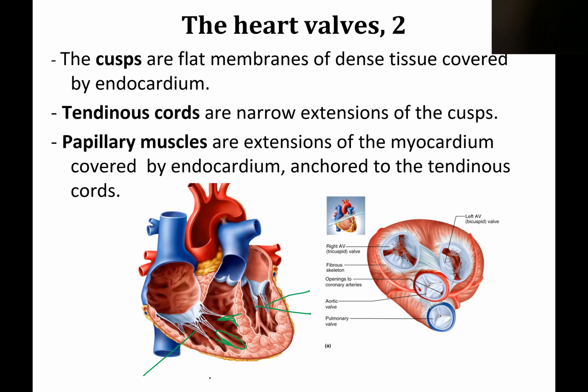They keep the valve from involuting. So it's supposed to close in that kind of a shape. They don't want it to close and go into the atrium. So it's like we don't want it to flip inside.